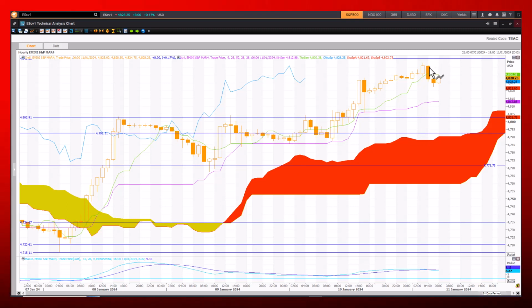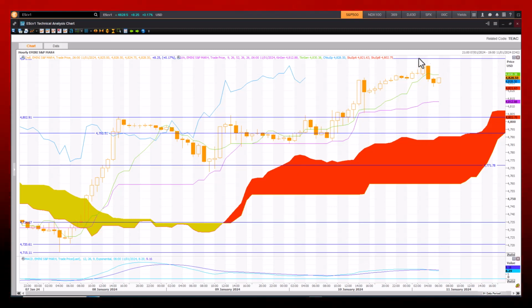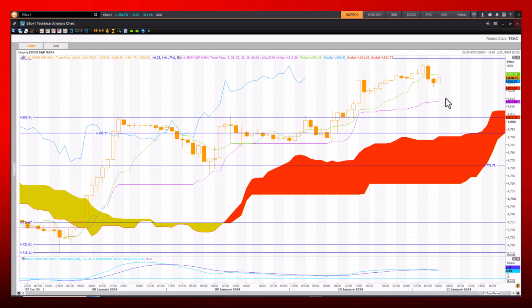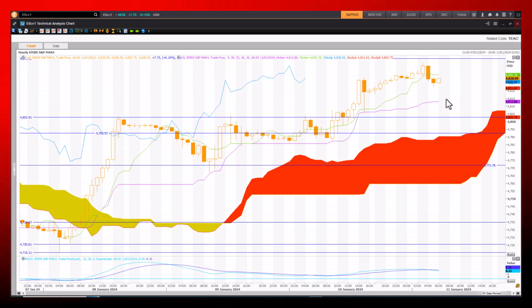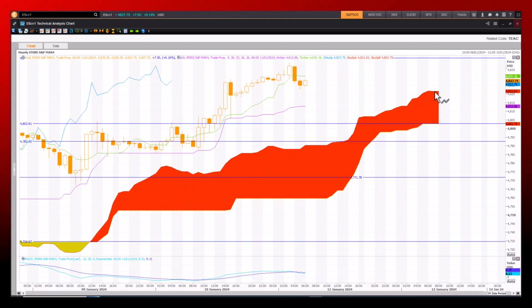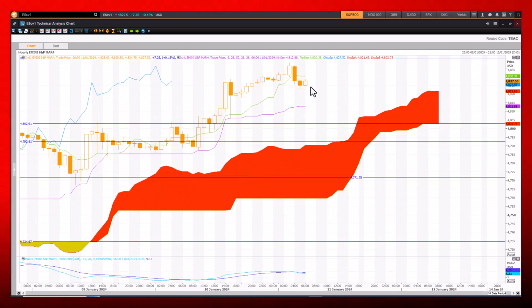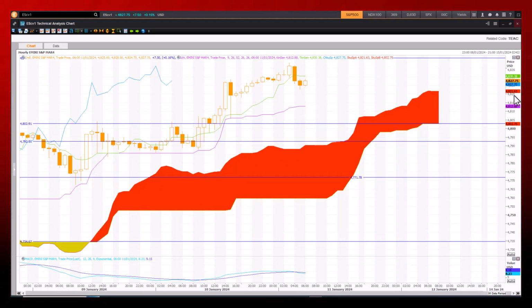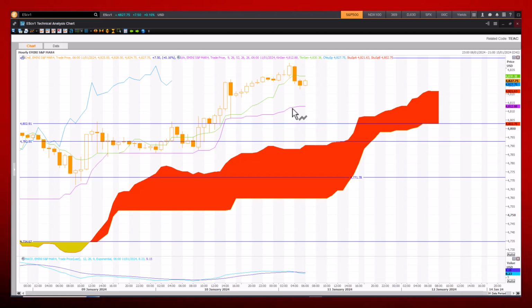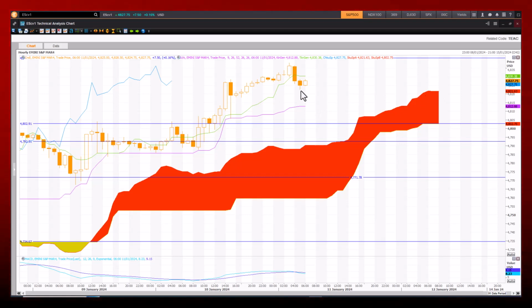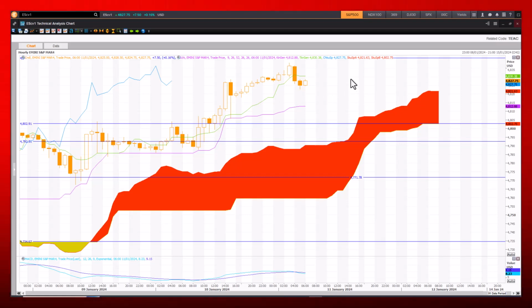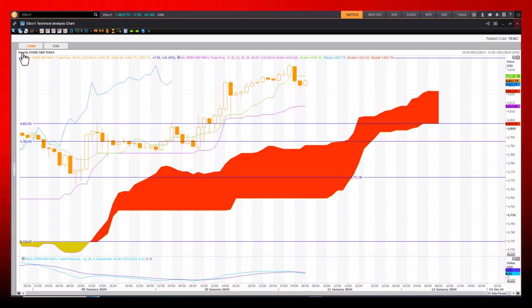So if this resistance zone holds, we could see it come back to retest the 4,812 zone, which is also very close to the top end of the cloud. By the time the index has consolidated this move, it could test 4,821, and by that time we expect the standard line to have caught up. So that's a critical support zone for a possible swing trade back up on the hourly.